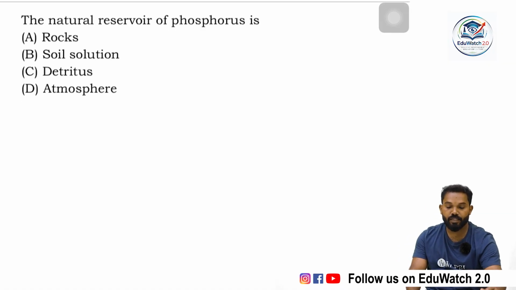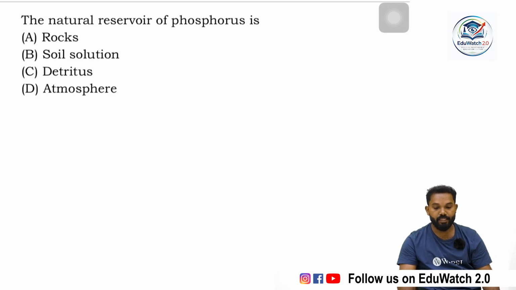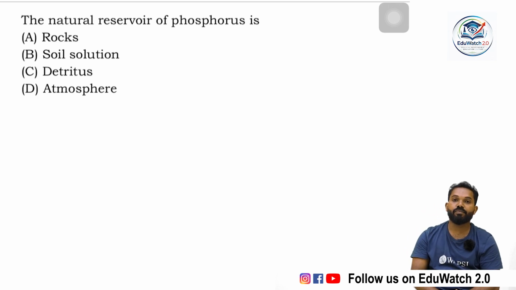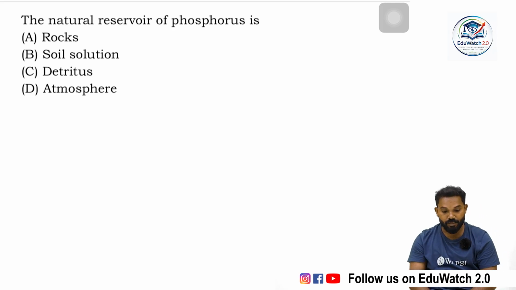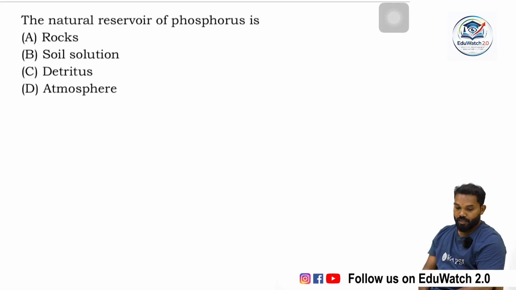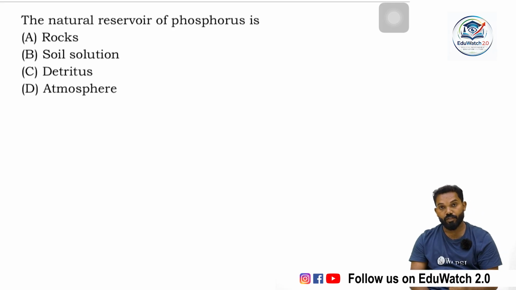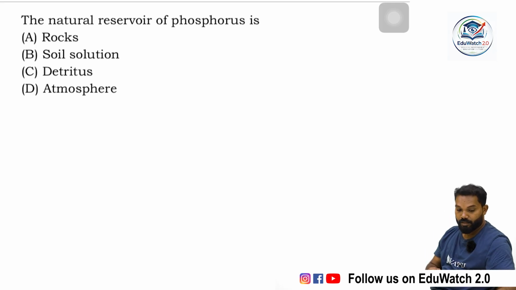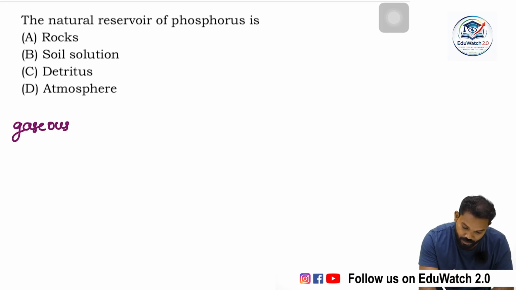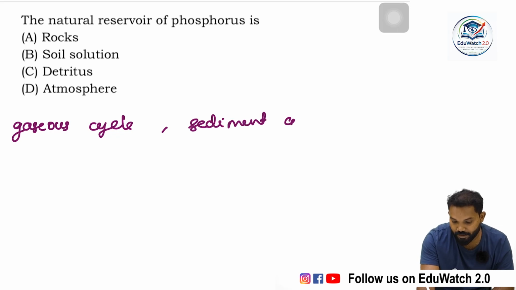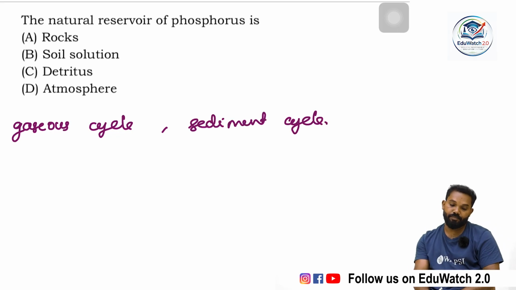The natural reservoir of phosphorus is. This question is coming from the ecology part, directly from the chapter Ecosystem. In this chapter, there are two types of nutrient cycling: sediment cycle and gaseous cycle.